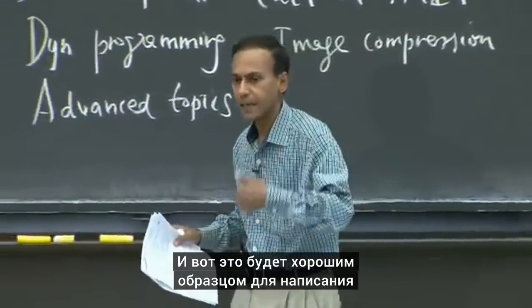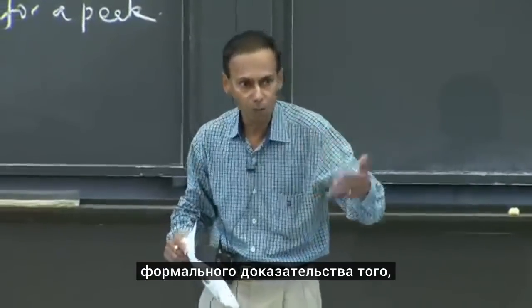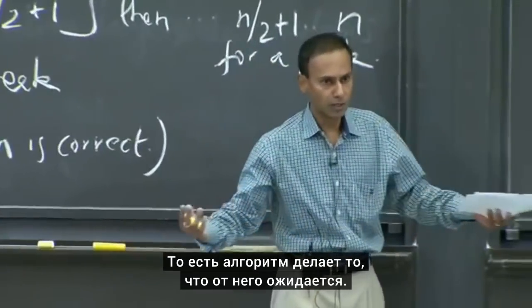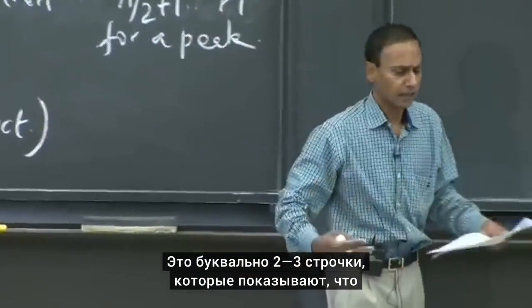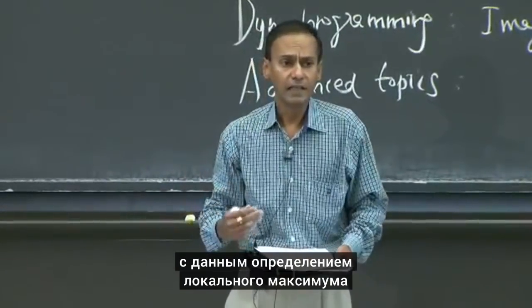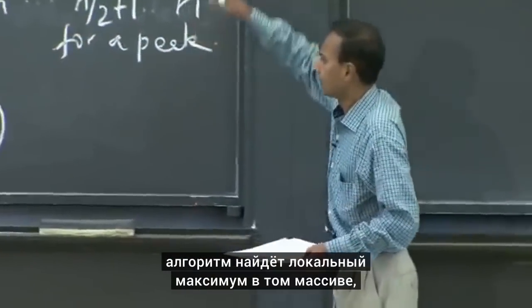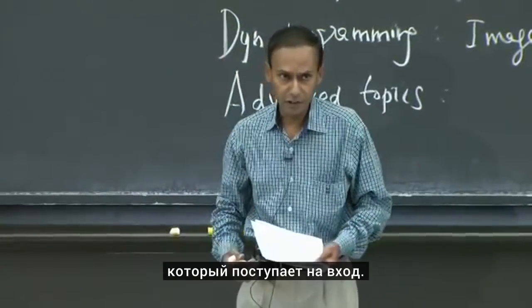And that should be a template for you to write a proof, a formal argument that a particular algorithm is correct, that it does what it claims to do. And in this case, it's 2-3 lines of careful reasoning that essentially say, given the definition of the peak, that this is going to find a peak in the array that you're given.